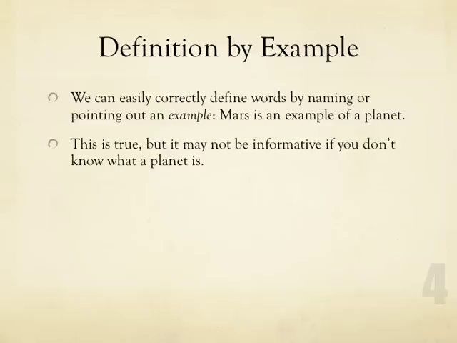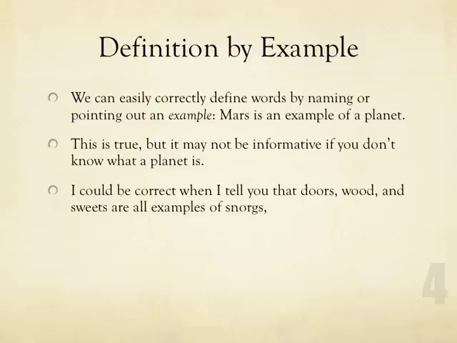But notice again the interplay between being correct and informative. Certainly that's correct that Mars is a planet, but if you didn't know really what a planet was, then that wouldn't be very informative. Here's a better example of what I mean by not being very informative. Let's say I make up a word, snorg. S-N-O-R-G-S.